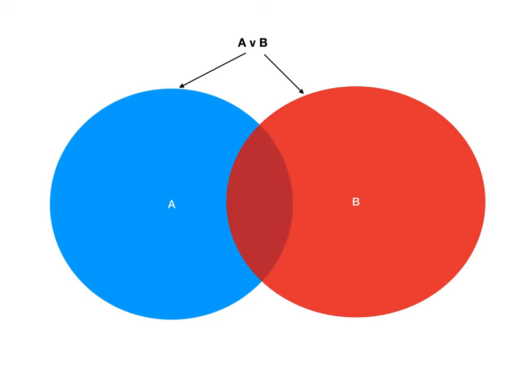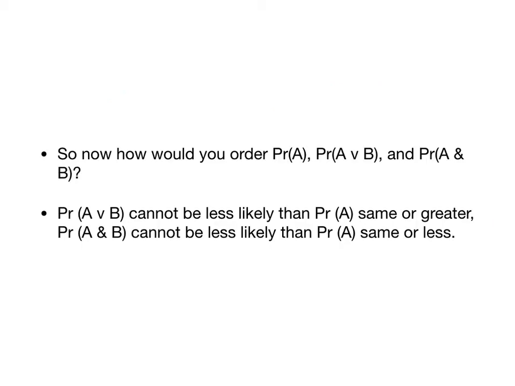A or B, well, this whole space, all the space that's taken up by A and all the space that's taken up by B, is A or B. Obviously this is bigger than A, so A or B will have more chance of being true than A. The probability that A or B is usually greater than A. So now, given all this, how would you order the probability that A or B, and the probability A and B?